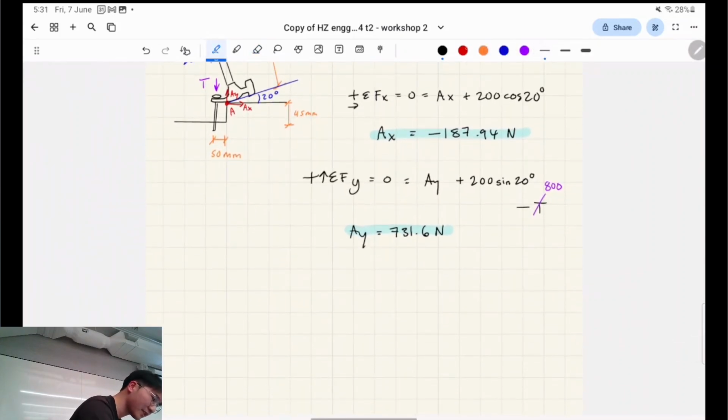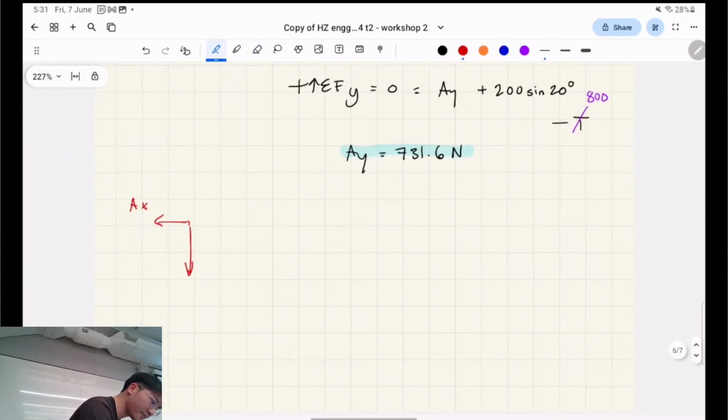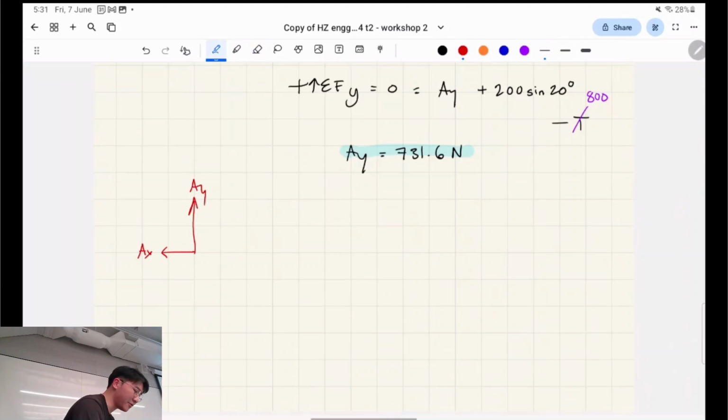So let's draw it out. AX is going to the left. AY was going down. Was it? I think I've done something wrong. AY was going up. Okay, AY is going that way.